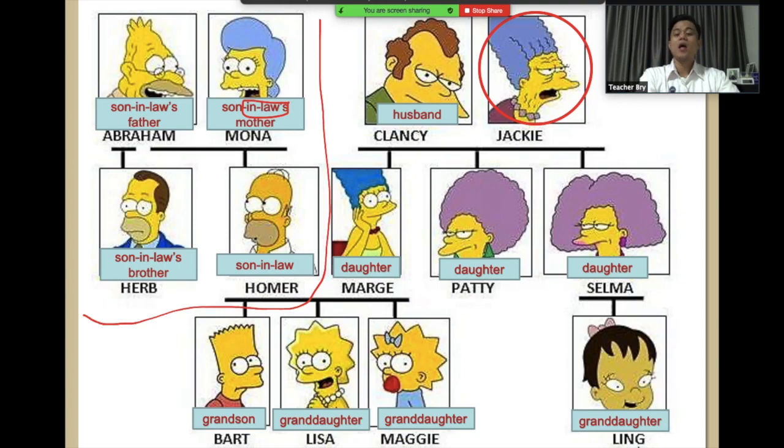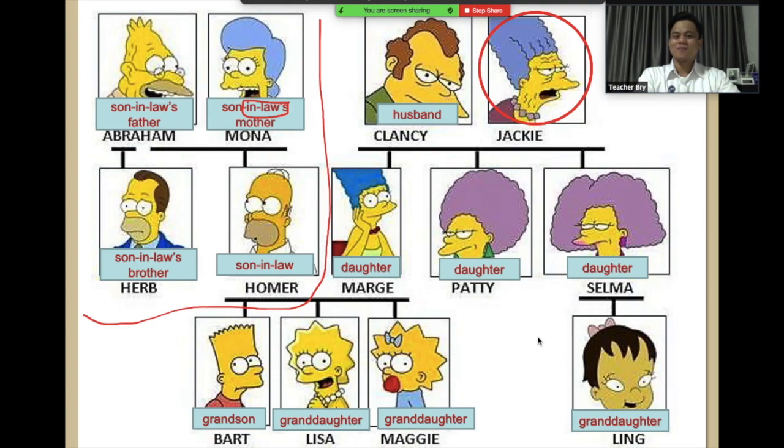Very good. Question, how many daughters does Jackie have? Daughters. You got it right. She also has 3 daughters. What are their names? Very good. So they are Marge, Patty, and Selma.